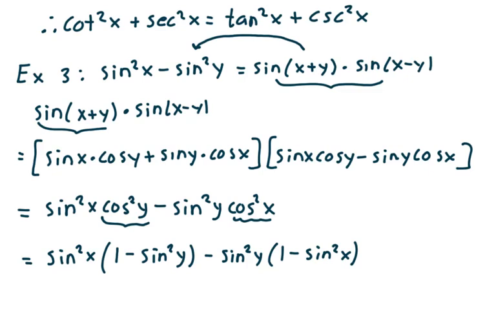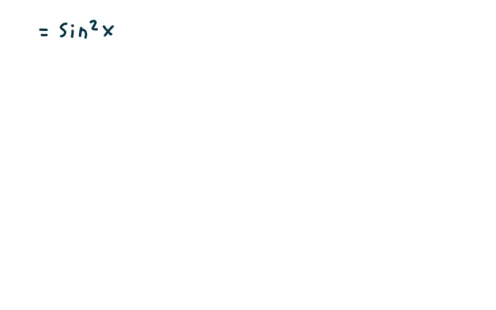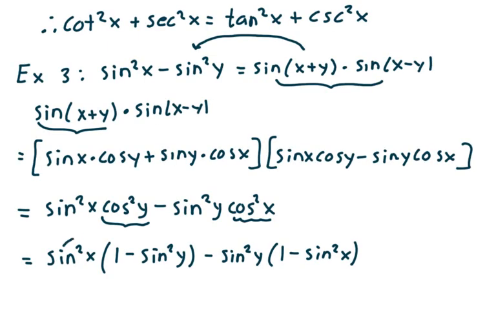And so this is equal to sine squared x minus sine squared x sine squared y. So all I'm doing is distributing, right? I'm taking the sine squared x times the 1 and the sine squared x times the sine squared y.